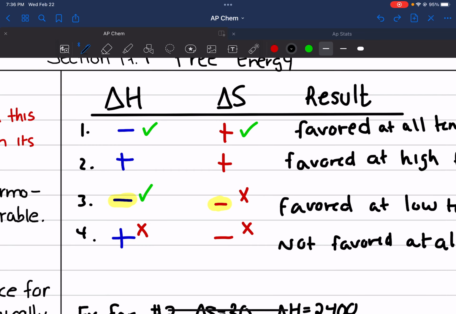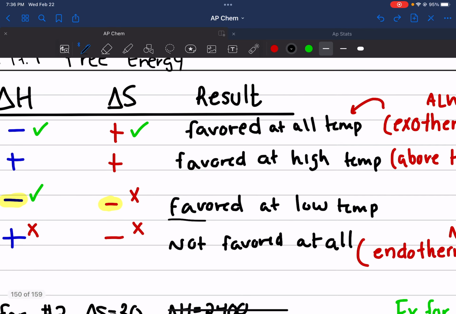So what this basically says is that if delta H and delta S are both negative, in order to make it favorable, you must be at a lower temperature. I know 200 Kelvin seems like a high temperature. But we have to consider that 200 comes from a value in Celsius plus 273, right?